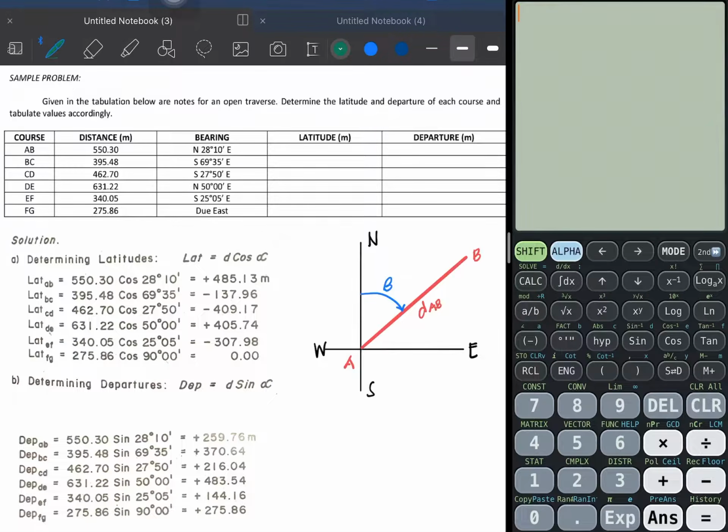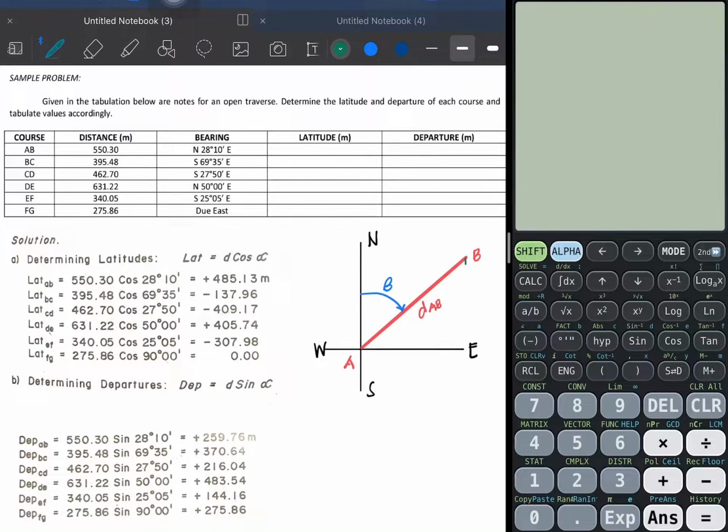The latitude of a line is its projection onto the reference meridian or the north-south line, sometimes referred to as northings.